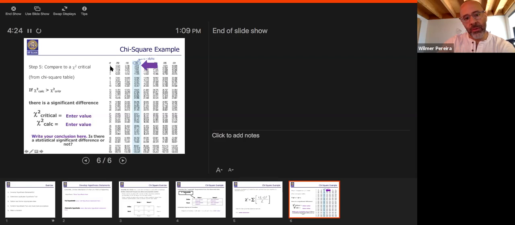So most of you is going to be 1, and then alpha is going to be constant. So you will use 3.841, and depending if your calc is higher or less, you will be able to write your conclusion. Okay, so those are the steps to complete the hypothesis test homework.